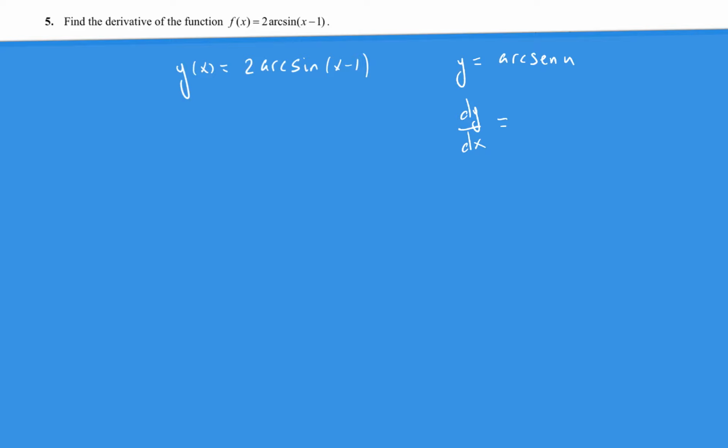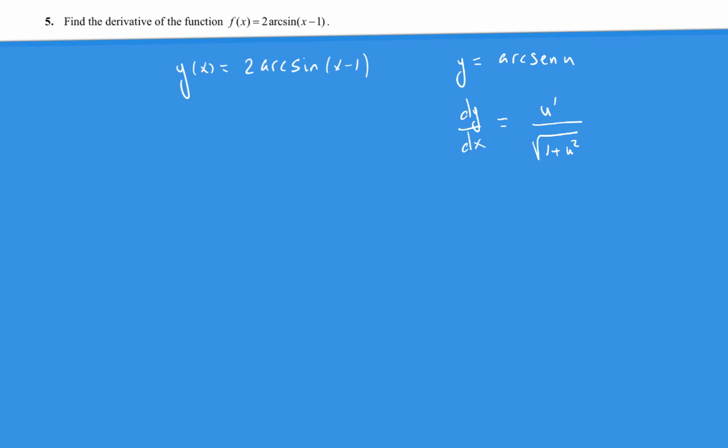The derivative of arcsine of u is, let me remember, I think u prime divided by square root of 1 plus u squared.